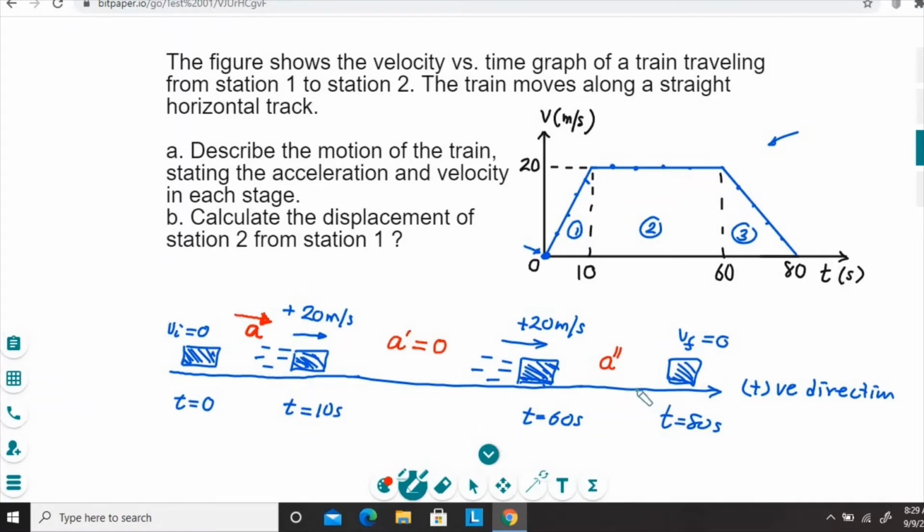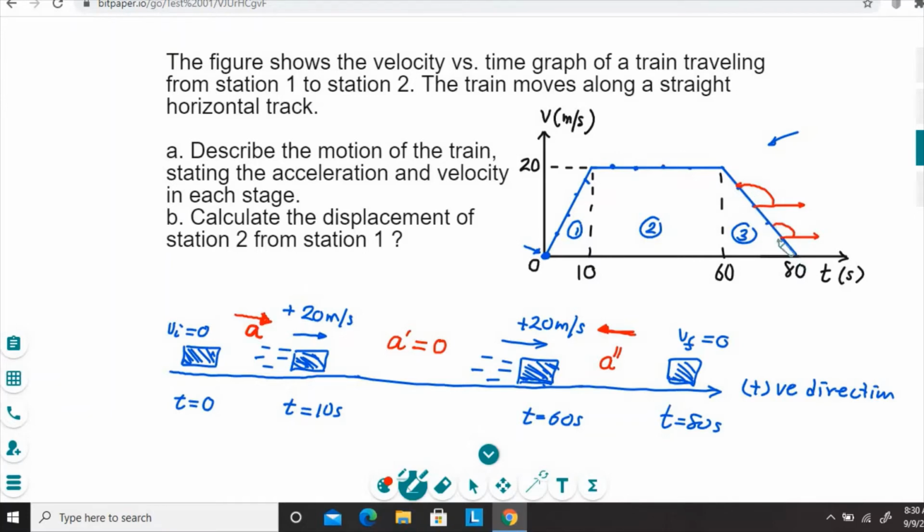Now, what do you think about the direction of the acceleration? The direction of the velocity is to the right. It's slowing down. The object is slowing down and comes to a rest at the 80-second mark. So that means the acceleration should be in the opposite direction. Since it's in the opposite direction, we should get a negative value for that. And then you can even convince yourself, look at the slope. The slope makes a larger than 90-degree angle with the horizontal, with the positive x direction.